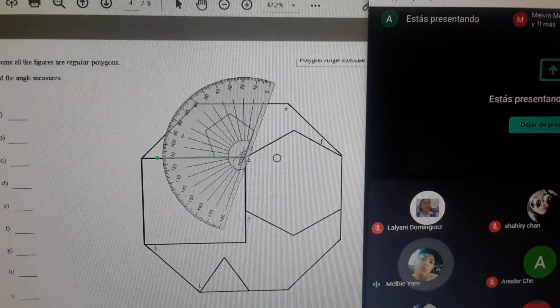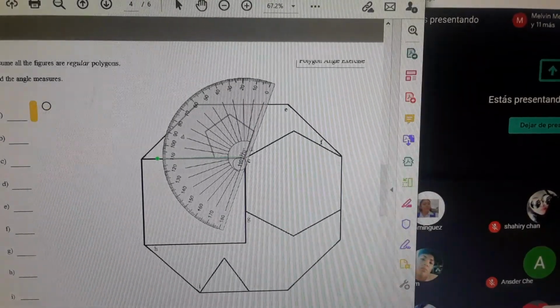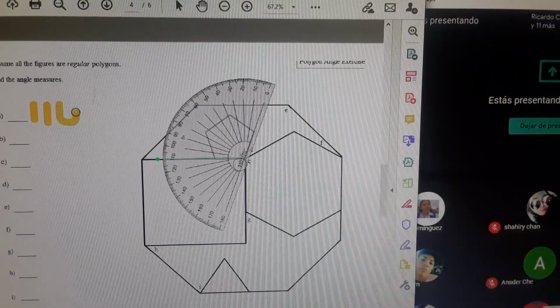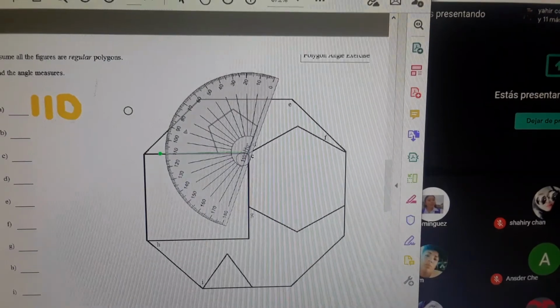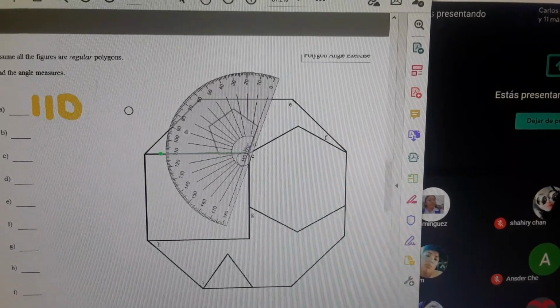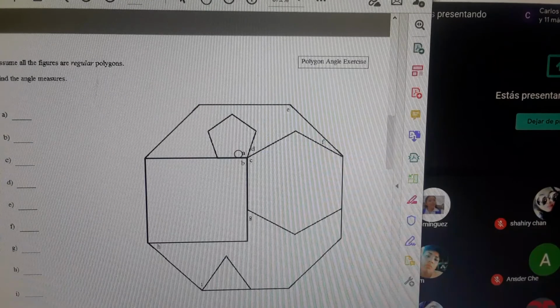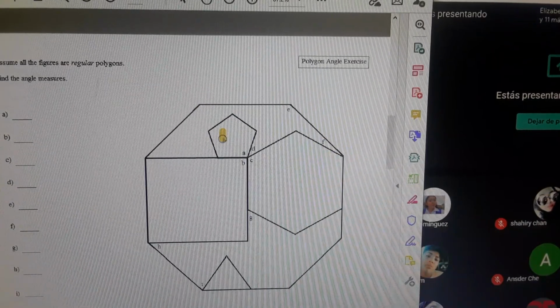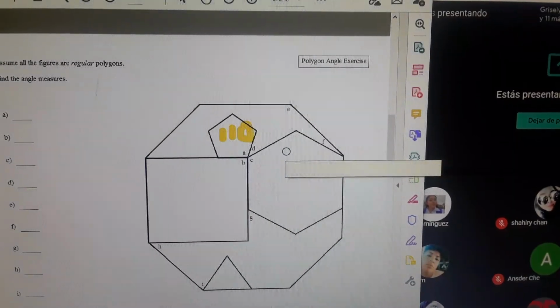Like 110, sir. 110, exactly, okay? 110 degrees. That will mean that all the angles on this pentagon will be 110. So I already find the angle for E. So this is going to be 110.